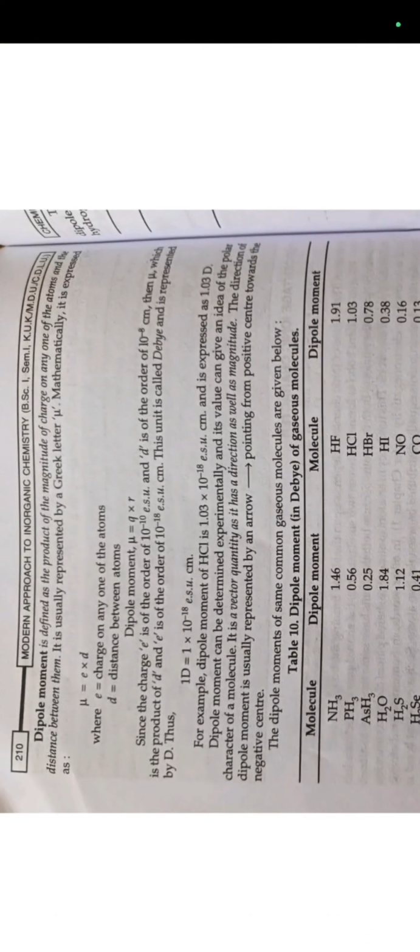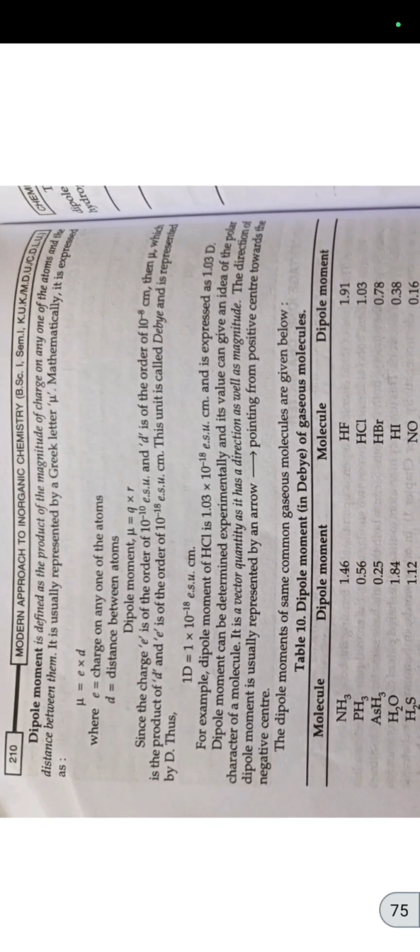Thus, the two charged ends of the polar bond behave as electric dipoles and the degree of polarity is expressed in terms of dipole moment. Dipole moment is defined as the product of the magnitude of charge on any of the atoms and the distance between them.